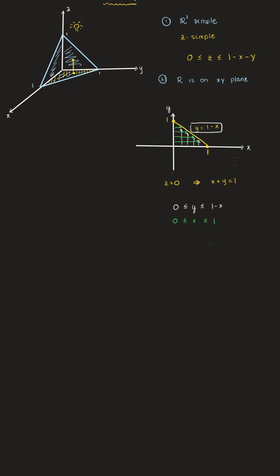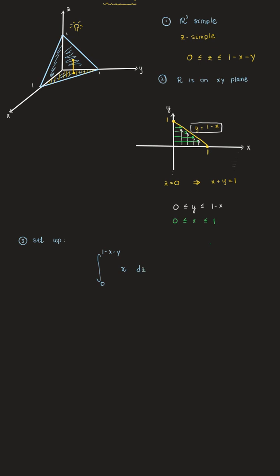Now that we've identified the bounds for each of our three integrals, we're ready to set this up. So our number 3 here is our setup. Our setup of the integrals will be as follows. Our inner integral, because we went z simple, goes from 0 to 1 minus x minus y. Our function is x, and we're starting with a dz for z simple.